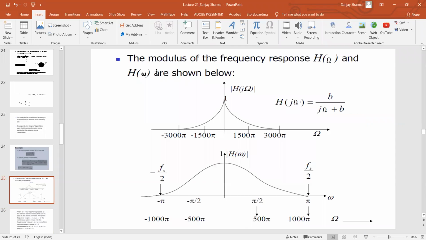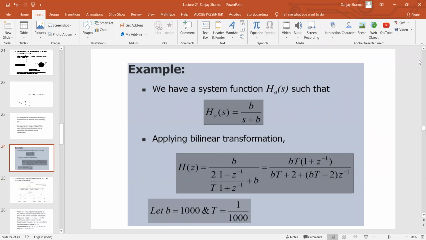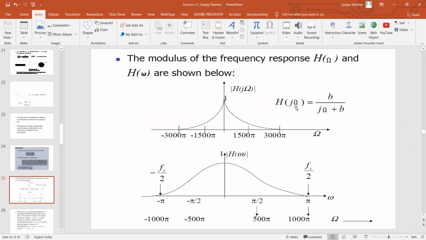Now first of all we obtain the frequency response. How to obtain the frequency response? In the analog domain, take the Fourier transform, that's one method, or replace s with j capital omega. Once you replace s with j capital omega, this is the frequency response in the analog domain.